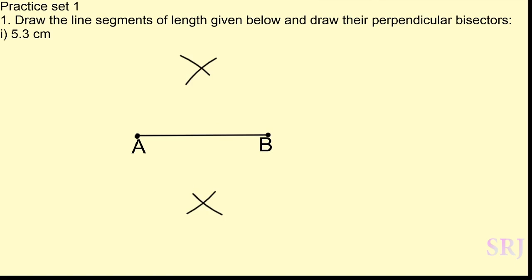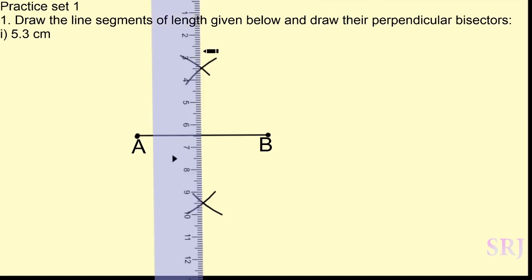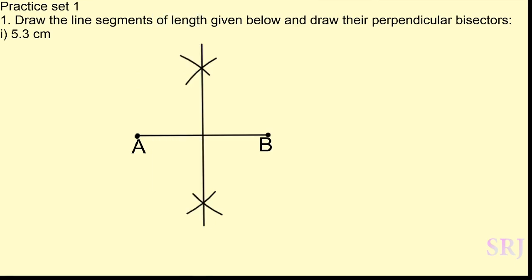With the help of the scale, join both the above and below intersecting arcs. Draw arrows at both the ends and name the points of intersection as P and Q. Name the point where the line cuts AB as O.